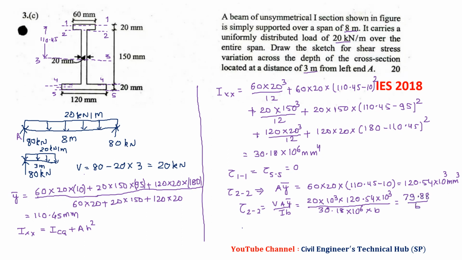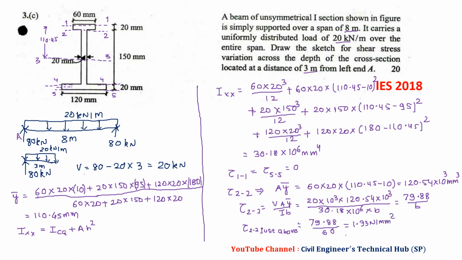Then tau 2-2 just above is 79.88 divided by 60, equal to 1.33 Newton per mm square.